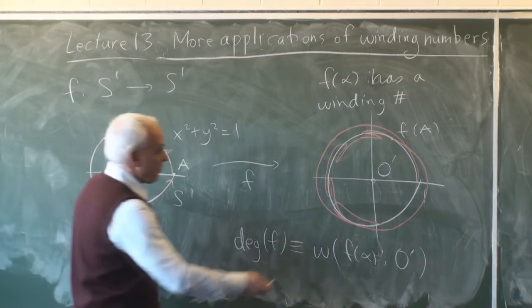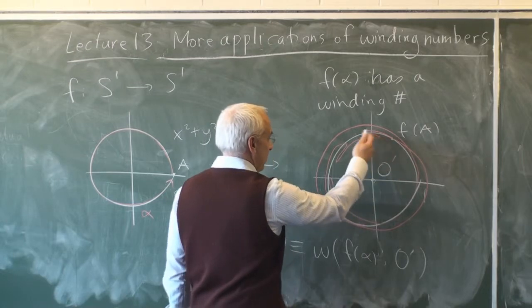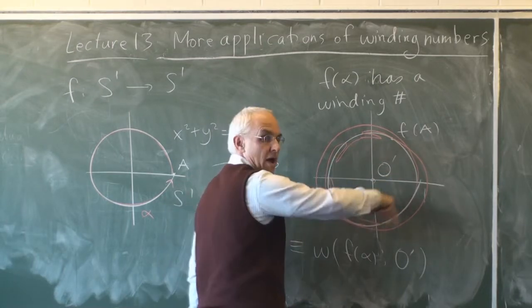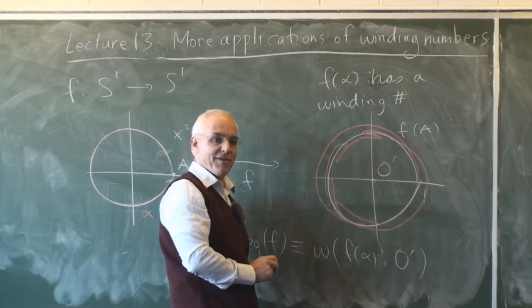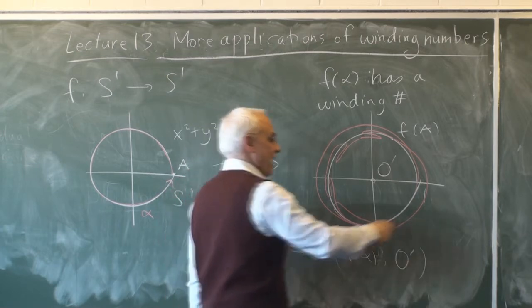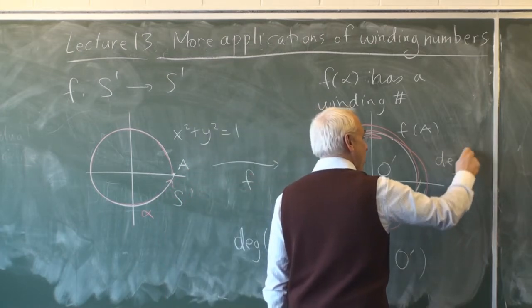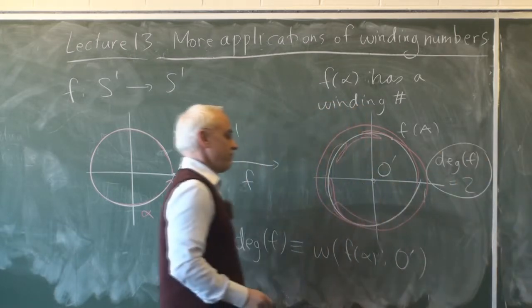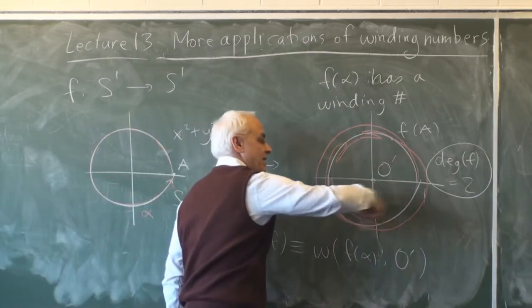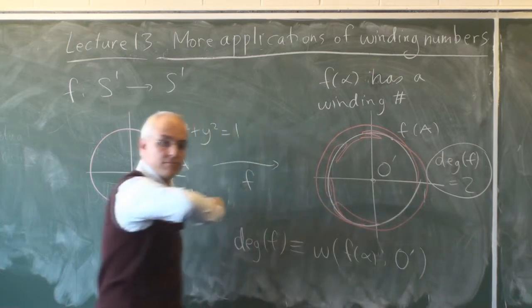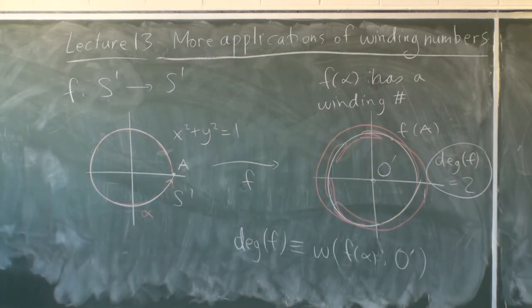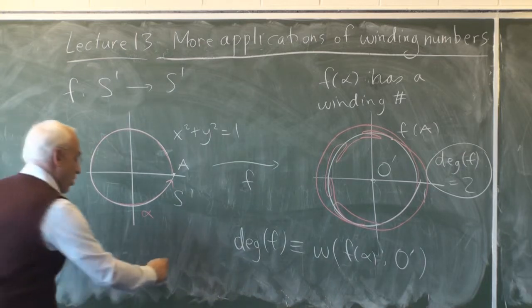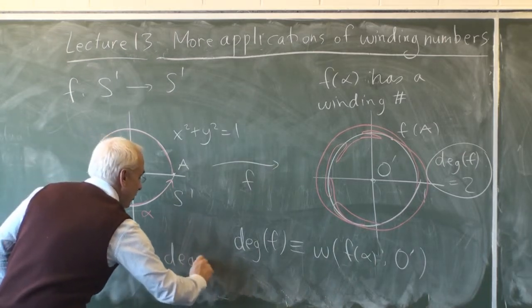And in this particular example that I traced out to begin with, I think the thing went like this, and then it ended up going around, essentially went around twice. So this will be an example of the degree of f being 2. It's gone around twice, essentially in this direction. The degree is always an integer.